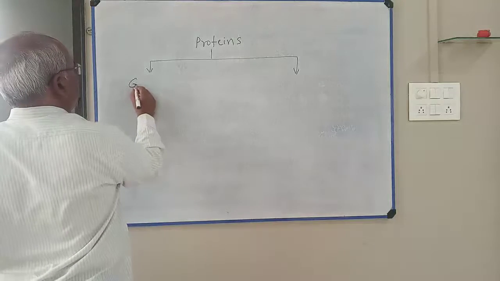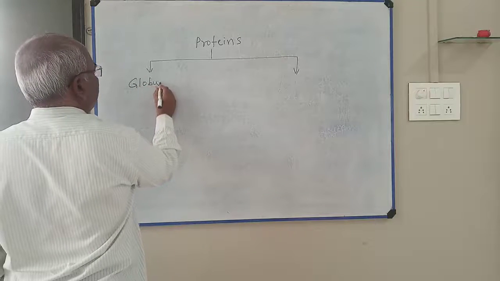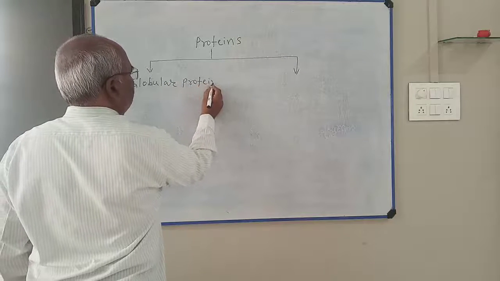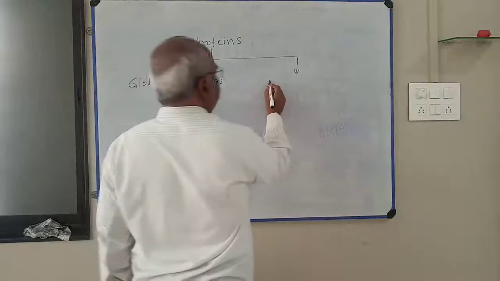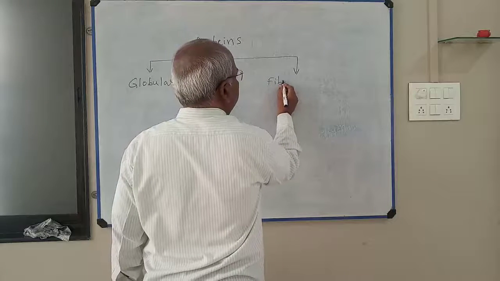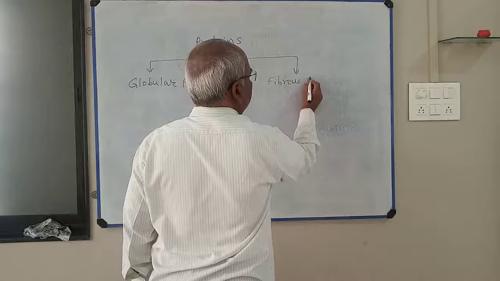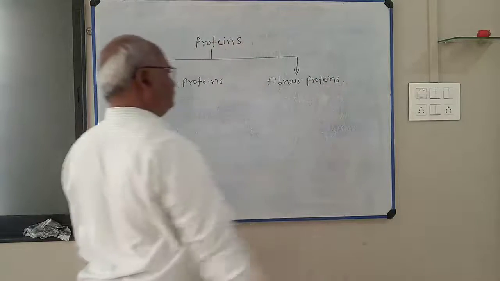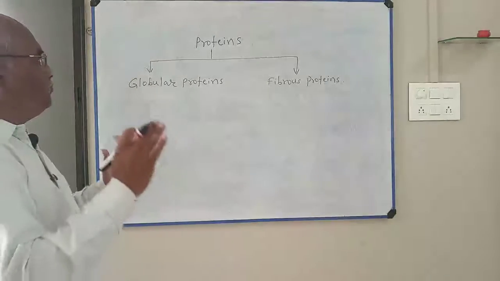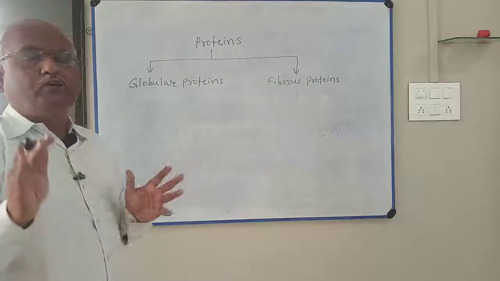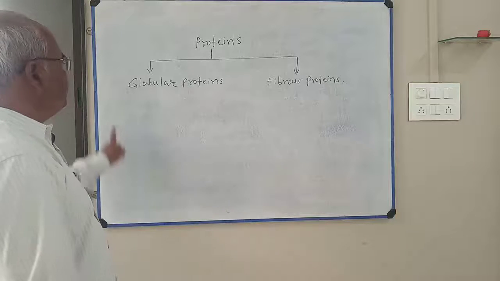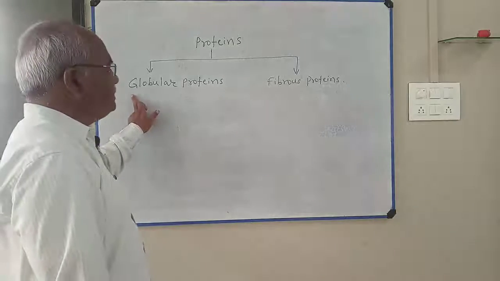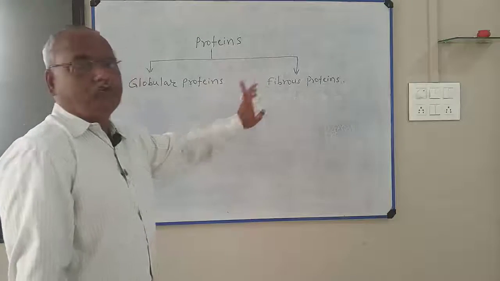One is globular proteins, and another is fibrous proteins. So on the shape of protein molecule, proteins are classified into two types, globular proteins and fibrous proteins.